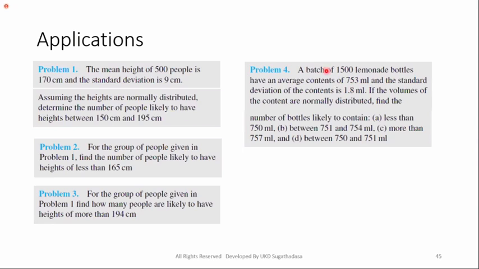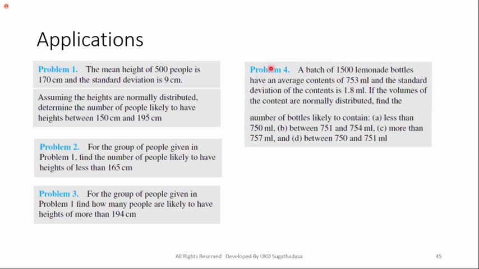But if you observe the sample of 1,000 lemonade bottles, that gives this particular value, because in this survey they can take 1,500 bottles from the production line. They are normally taking them at different time intervals, right?